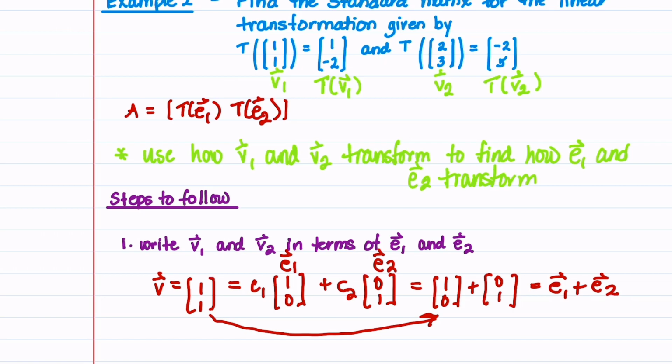And I just realized I didn't write that as v1, so let's add a v1. Likewise, v2 is equal to 2, 3, and we can write this as 2e1 plus 3e2.